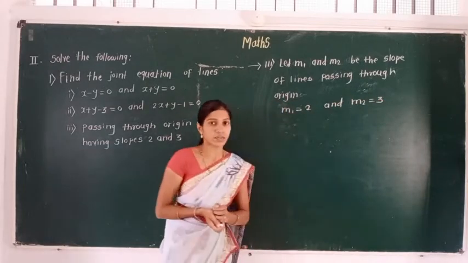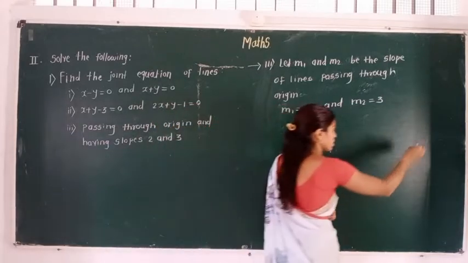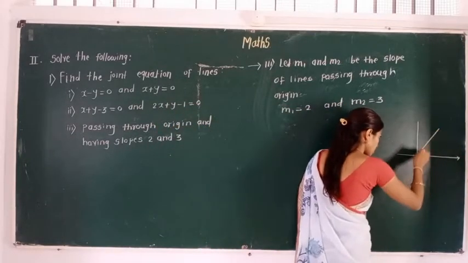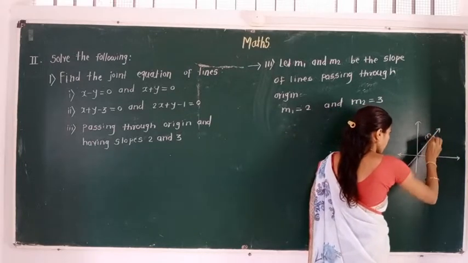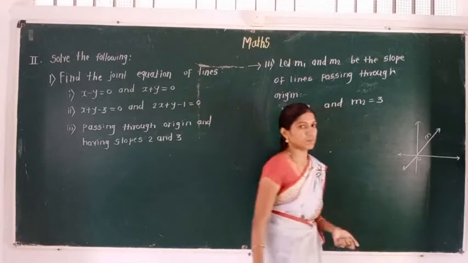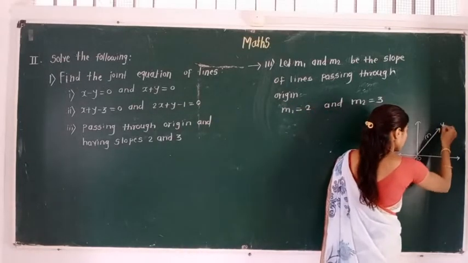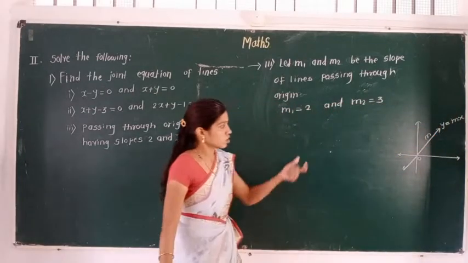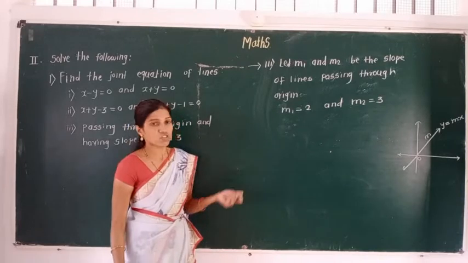And we know that if a line is passing through the origin, see here, this line is passing through the origin and the slope of this line is considered as m, and the equation of that type of line we write as y is equal to mx. Now use this form, then we get the equation of lines.